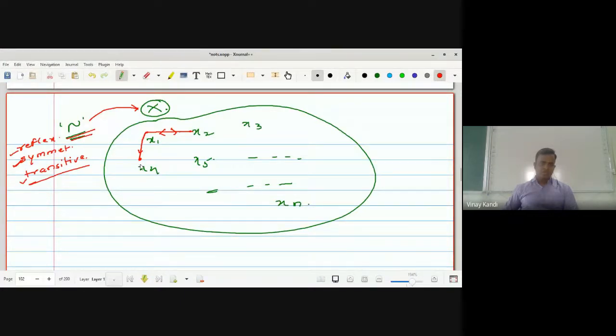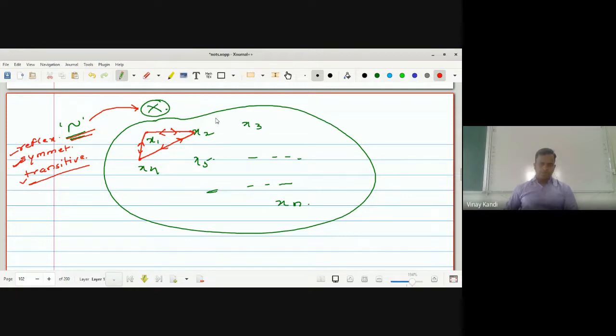That means by the symmetric property, x4 is again related to x1. And by the transitive property, x1 related to x2 and x1 related to x4 means x2 is again related to x4. Is it correct?